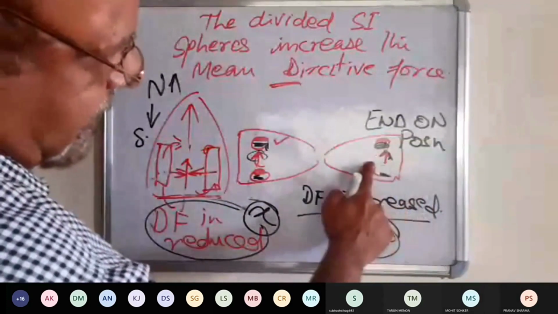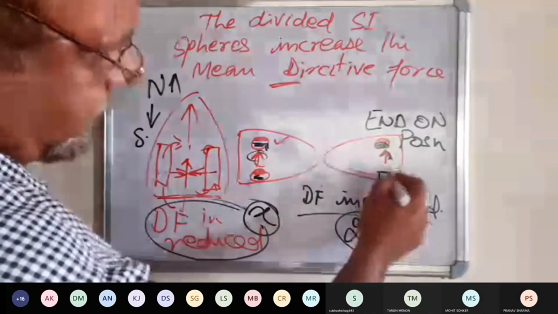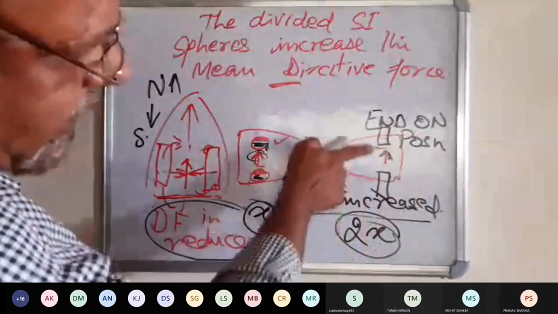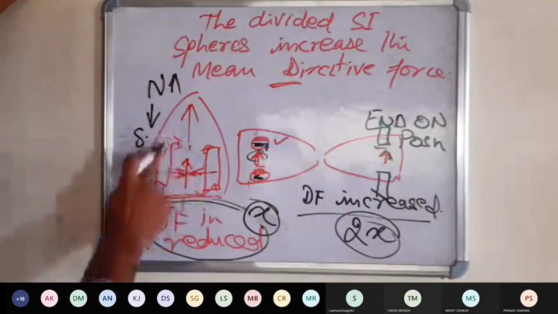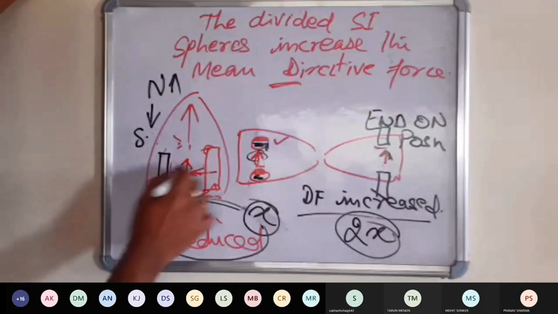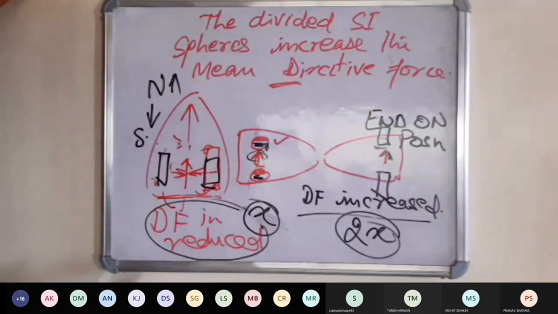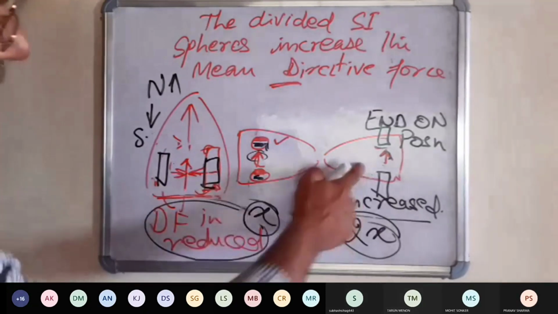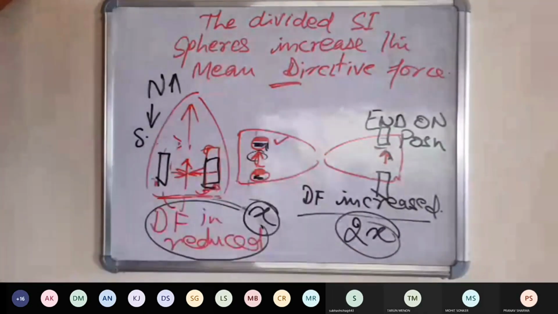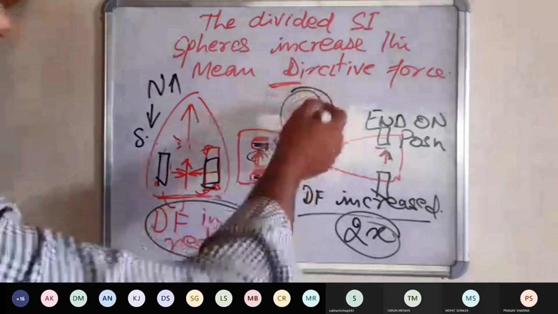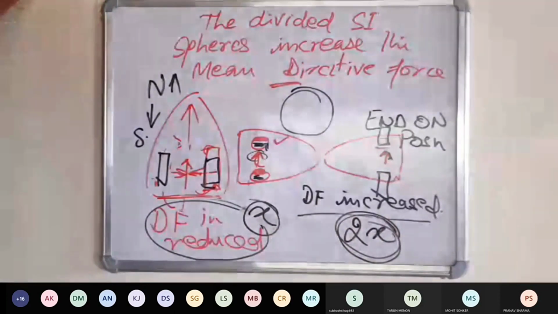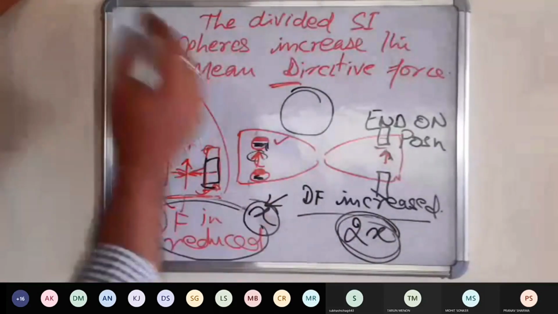That means supposing that we have a magnet here, the compass is lying end on here, the compass is lying broadside here. तो रिडक्शन अगर होती है तो एक्स अमाउंट हो रहा है डायरेक्टिव फोर्स का, बट जब इंक्रीज होती है तो 2x होता है. So in 360 degrees of rotation there is more increase than the decrease.